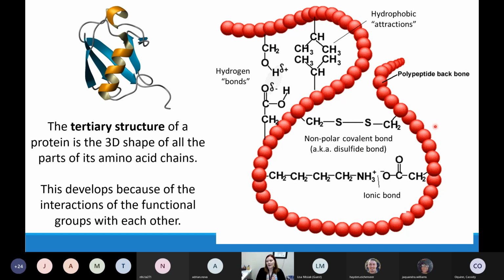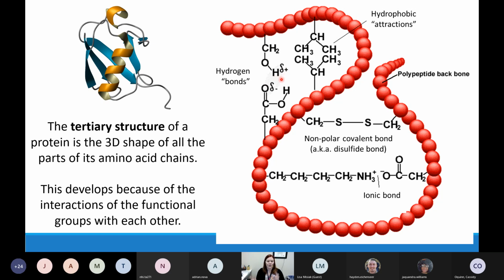So one of the ways that two very far away amino acids can interact with each other is forming hydrogen bonds. Now, remember when we talked about hydrogen bonds earlier today, they're an interaction or an attraction from a negative dipole and a positive dipole. That's a hydrogen bond.